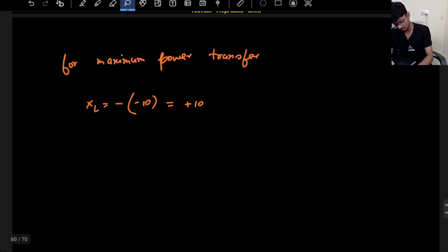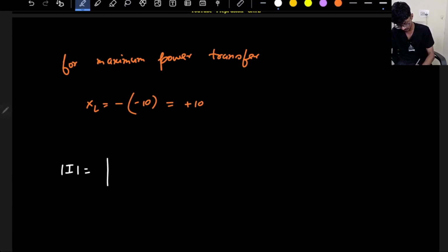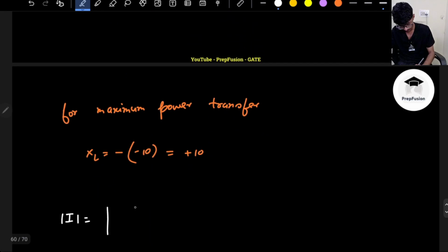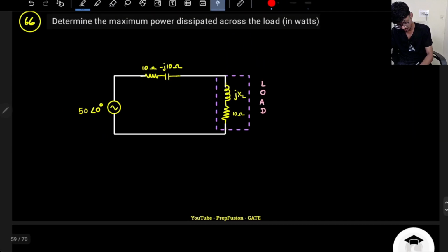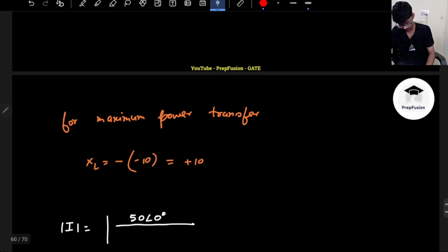Then what will be your magnitude of current? Your magnitude of current will be the magnitude of the voltage. Voltage is what? 50 angle 0, divided by this whole resistance, 10 minus J10 plus J10 plus 10.